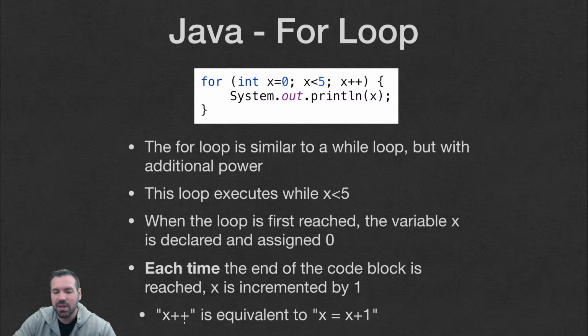So x plus plus is the same as saying x equals x plus 1. It's going to increment x by exactly 1 and reassign that value back to the variable. So it's a nice shortcut. It's something we often do, is increment a variable, an int specifically, by 1. So we have a nice syntactical shortcut to do that, just plus plus.